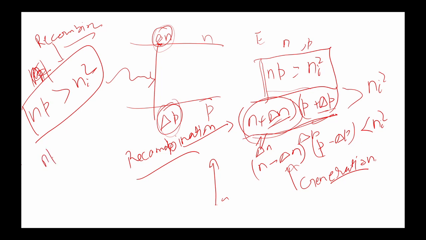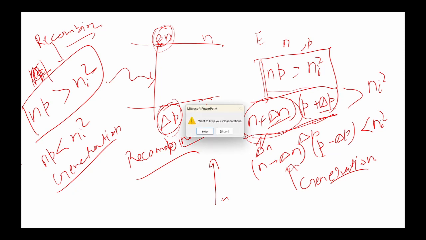If np is less than ni square, then there will be generation. In any device, this condition will always hold. So if this condition arises, it will try to go to the equilibrium condition. Just a minute.